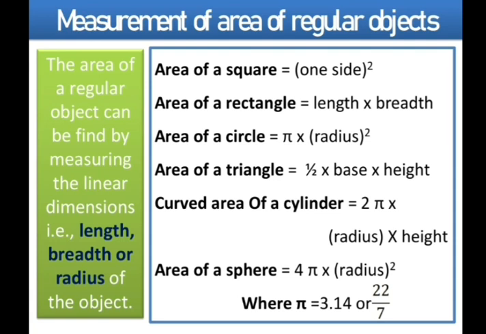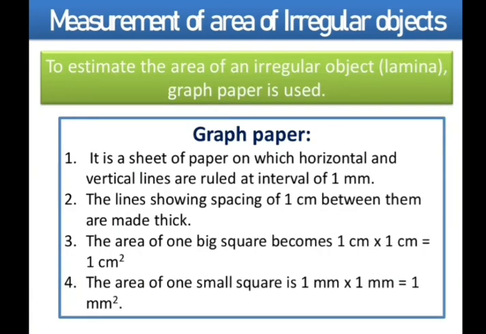For example, if we want to calculate the area of a rectangle, we need length and breadth. After we get the value of the length and the breadth, we can calculate the area of the rectangle. Similarly, for the area of a circle, we need to know the value of the radius.